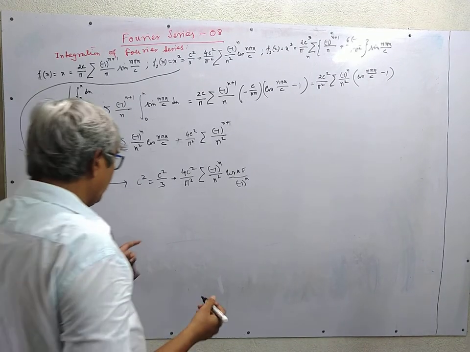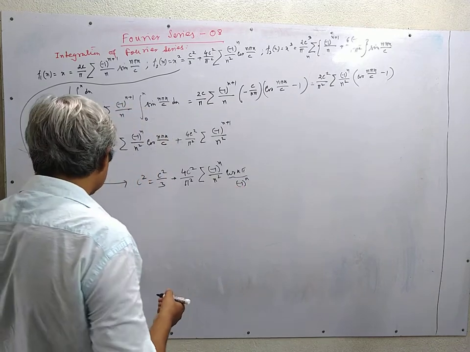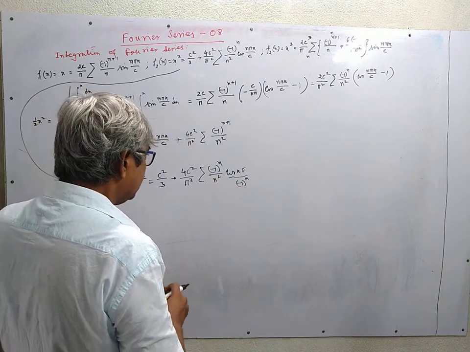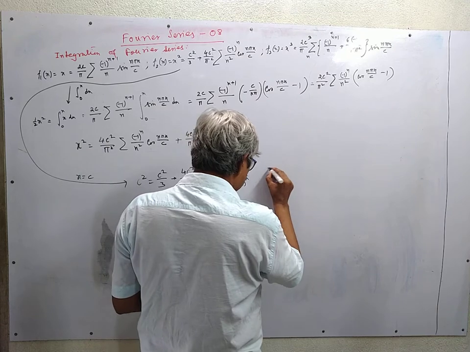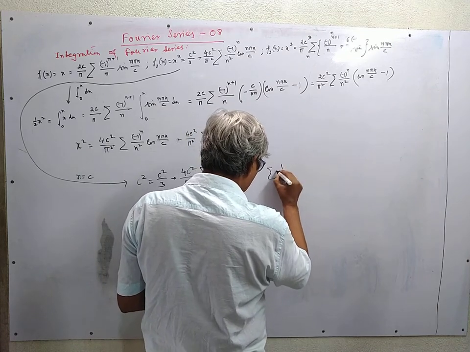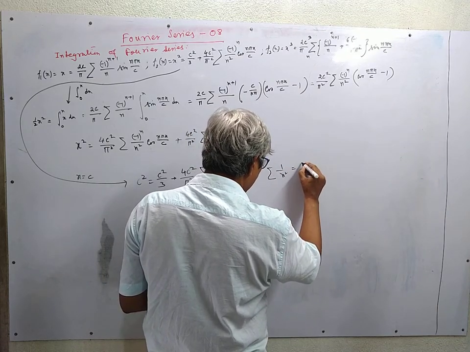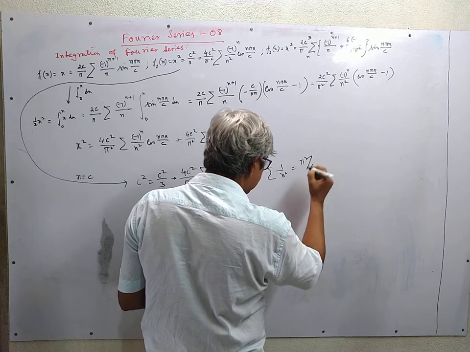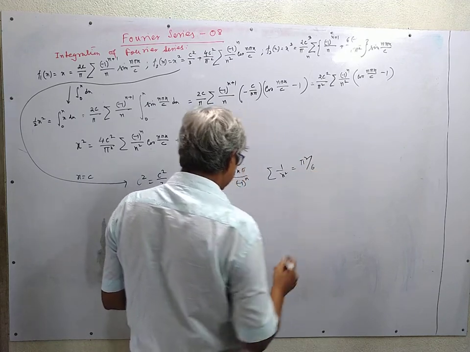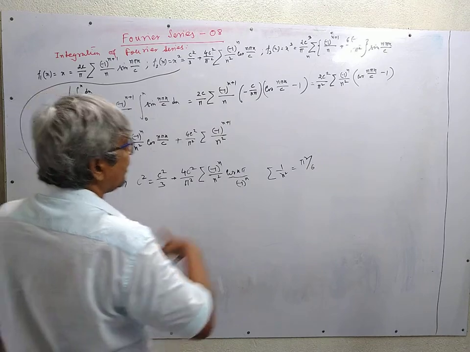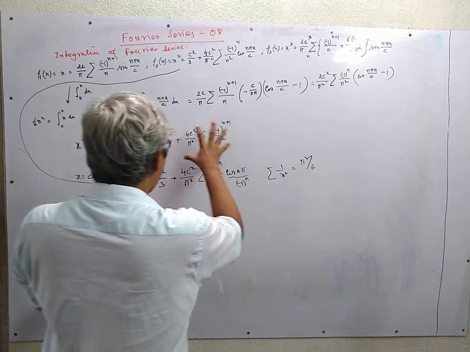This leads to Riemann zeta, but we are not interested in Riemann zeta. This leads to summation over 1 by n square is equal to pi square by 6. We are not interested in this result. We are trying to get this part out.